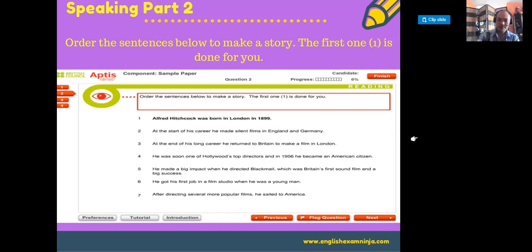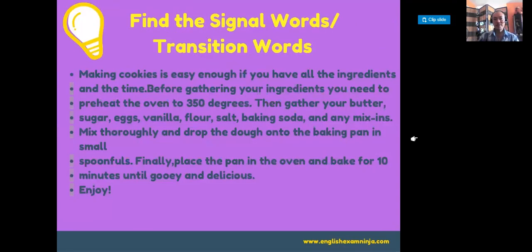Okay, moving on. Find the signal words and transitional words in these sentences. Can you do that? So, making cookies is easy enough if you have all the ingredients and the time. Before gathering your ingredients, you need to preheat the oven to 350 degrees.